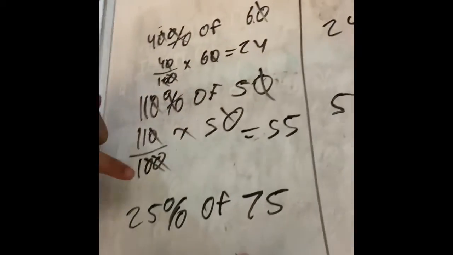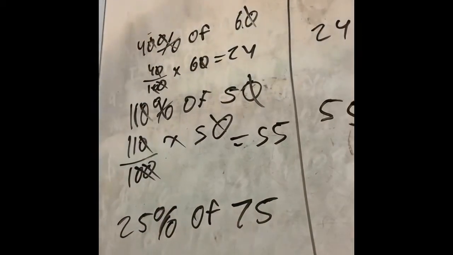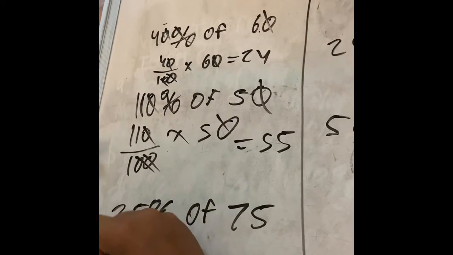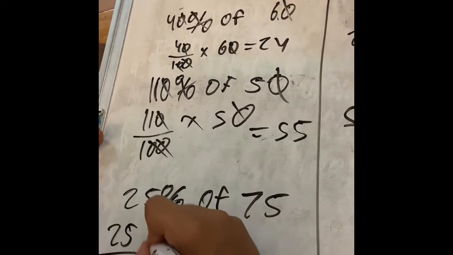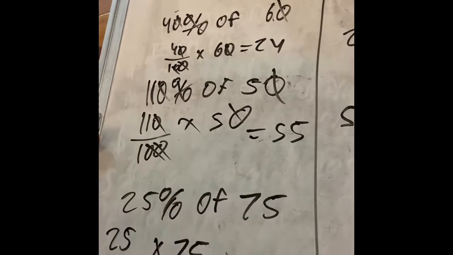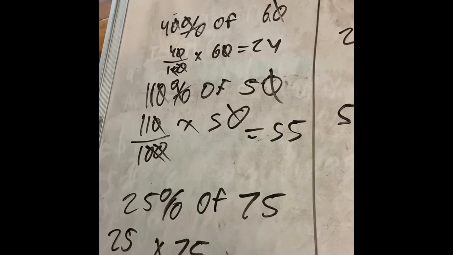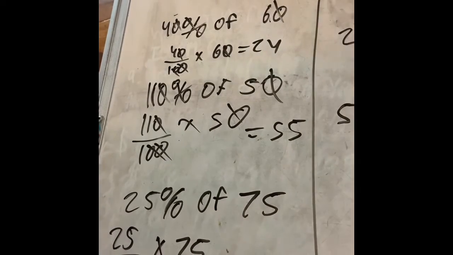Now this question is a little bit more interesting. First, let's do the traditional. So 25 over 100 into 75. So we have these two zeros and they don't really cancel out with anything.